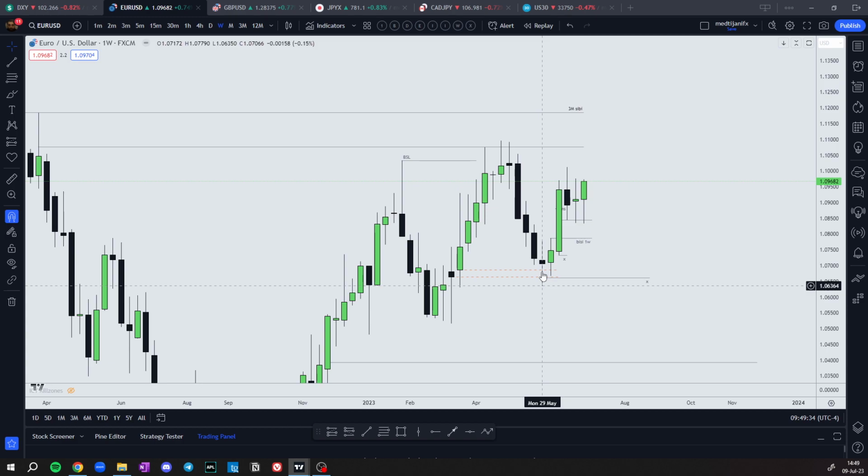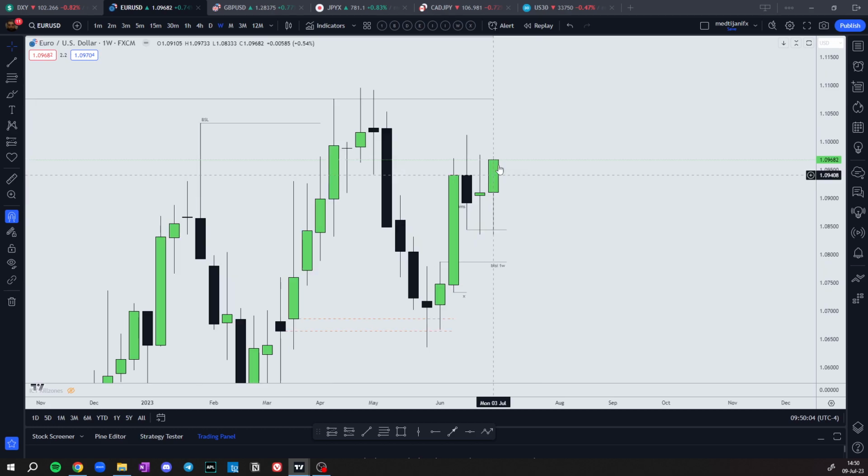Price has retraced to fill this weekly CB right here, then shows a good reaction to continue higher, and we have contraction candles right here, followed by an expansion. I'm expecting the next candle to be an expansion higher to take this high here, to take the buy side liquidity above this high, or maybe to fill the CE of the 3-month CB.